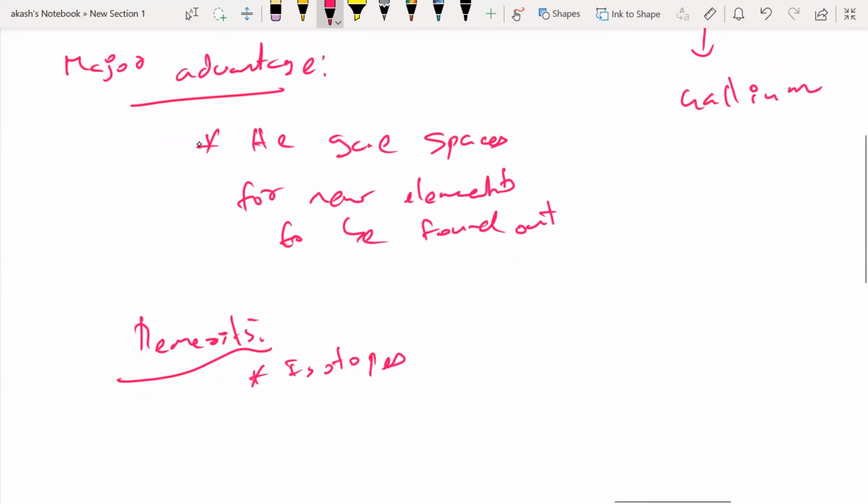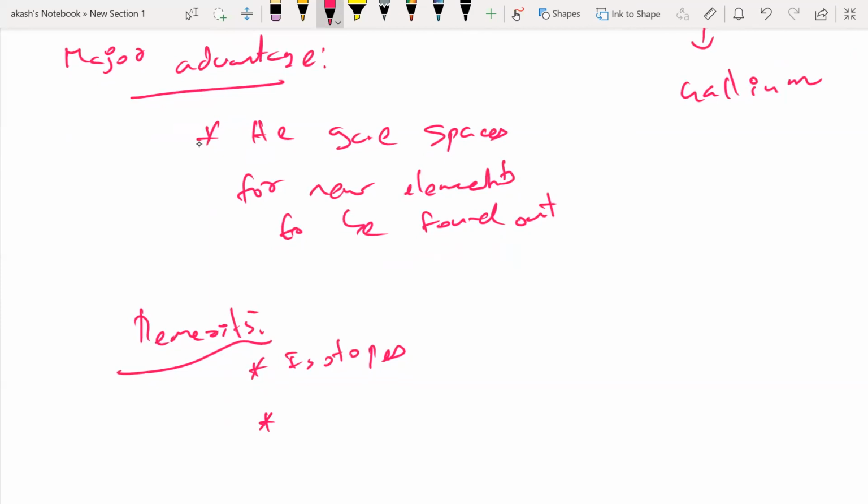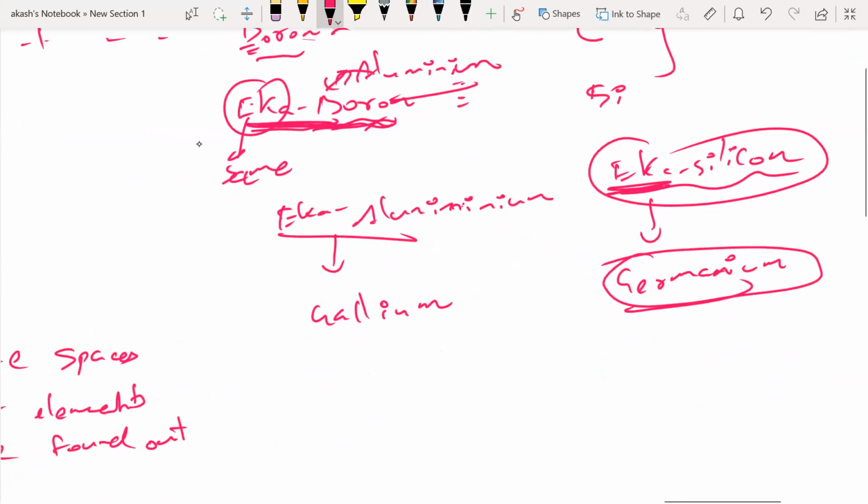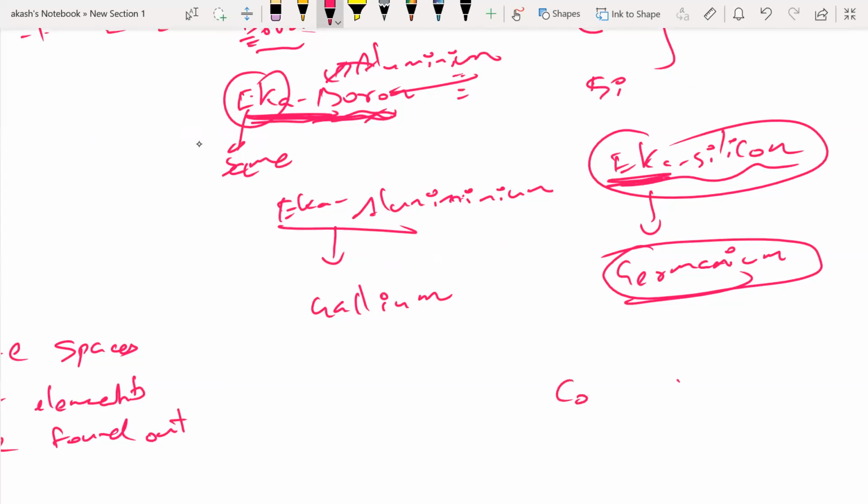Now, the second thing. We are arranging the elements in the ascending order of atomic mass, is it not? So what he did was with cobalt and nickel. If you check, nickel actually has more atomic mass than cobalt.